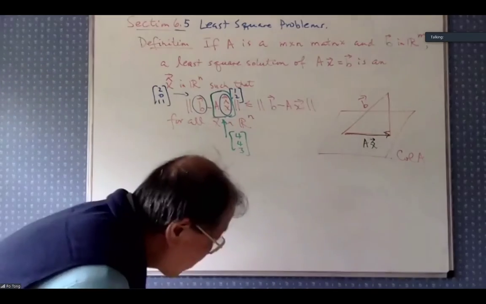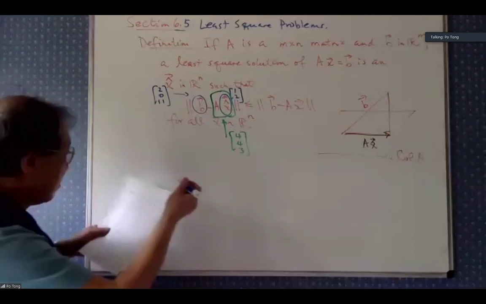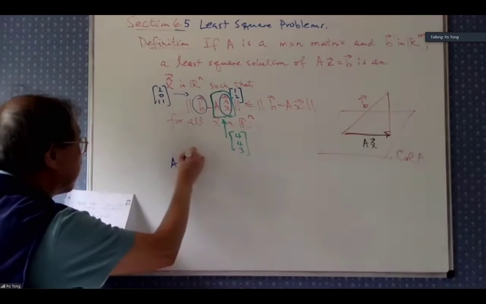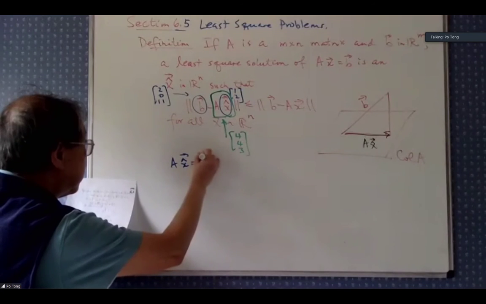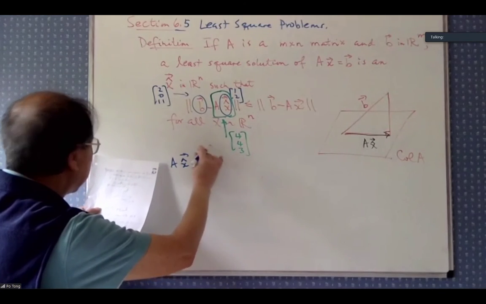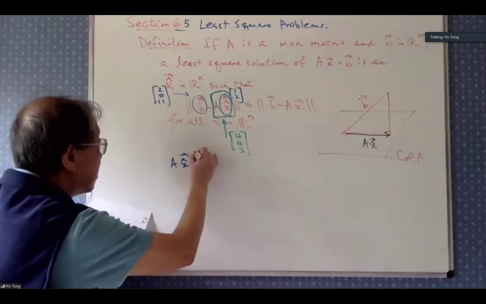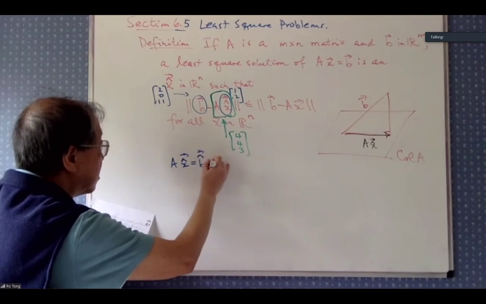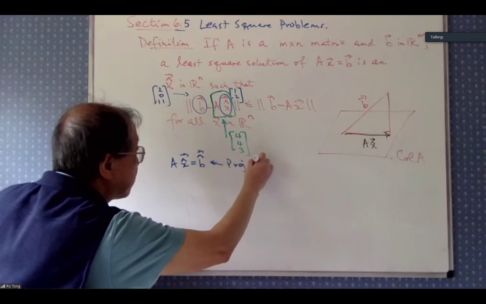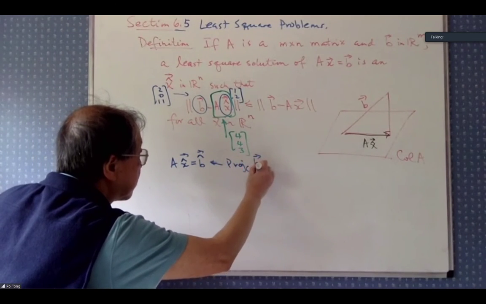So we are going to watch this. I know that AX hat is equal to B hat, which is the projection of B onto the column space of A.